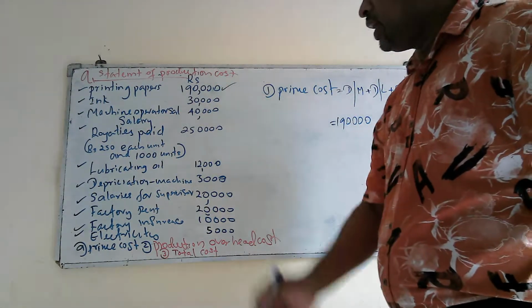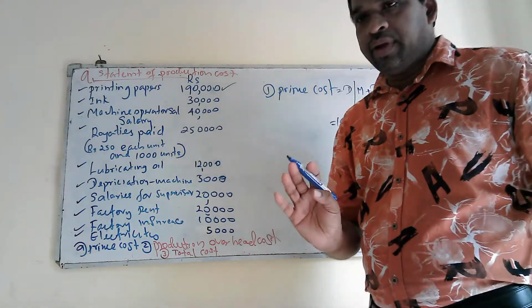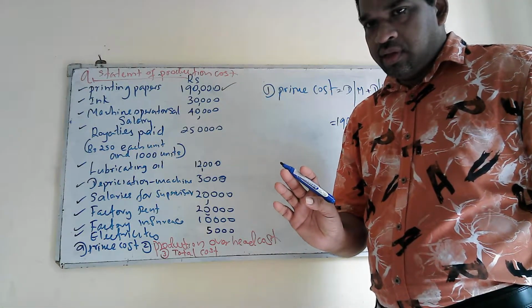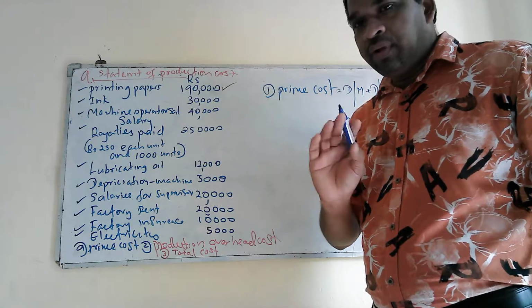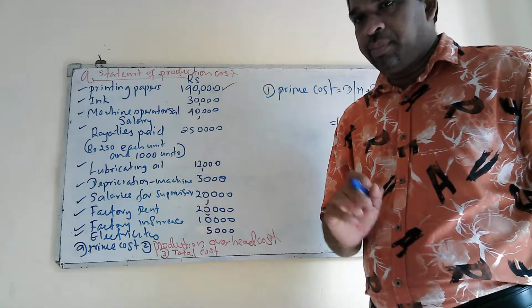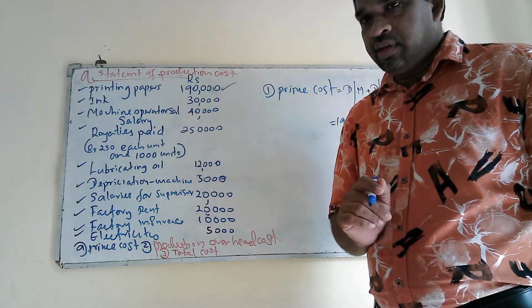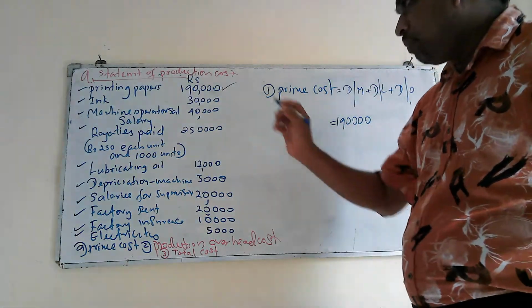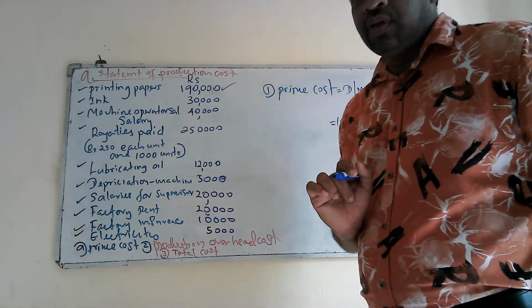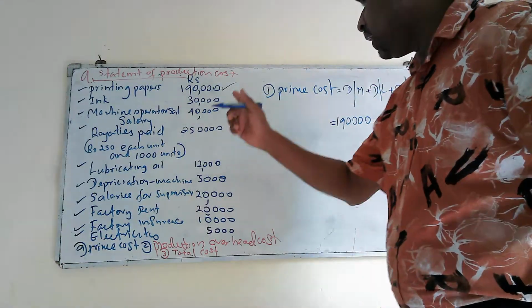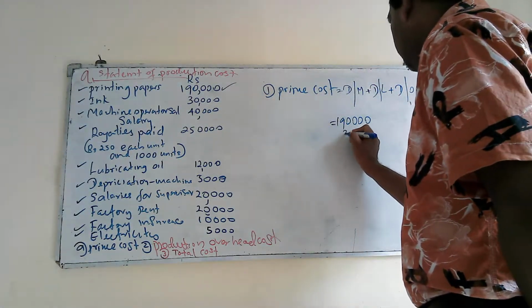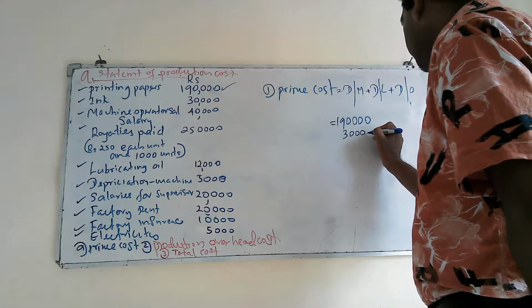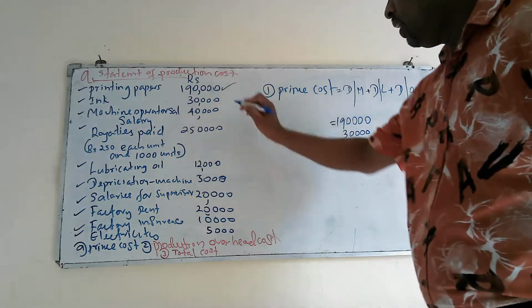If you take ink, also direct material, because if you take a book, ink also will be a part of the book. You can physically see the ink, and printing papers also will be a part of the physical product. Therefore, ink 30,000, that is direct material.